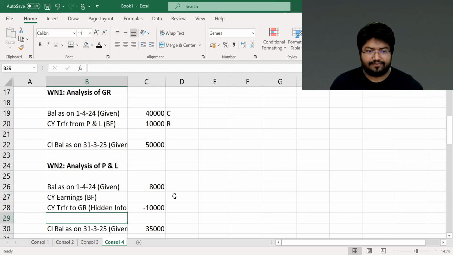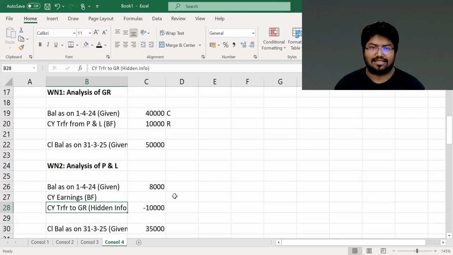Now you would get a doubt: Sir, why can't a company transfer 10,000 out of opening profits? First of all, you don't have 10,000 there. Second, even if it was there, you cannot assume that it is done out of opening balance, because general reserve transfer is something which is done after earning some profits in the current year. So we will go only by the time in which it was transferred rather than the value from which it is transferred. Right now he has transferred 10,000 to general reserve in the current year.